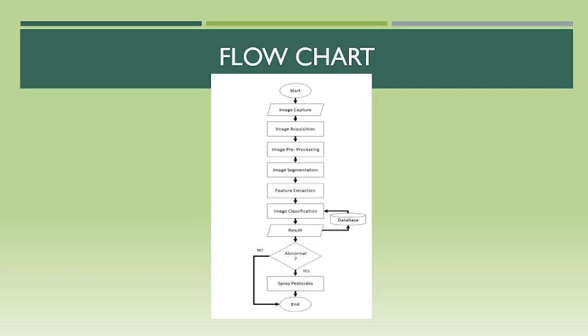Image classification will use the feature extraction information to classify the type of the disease, and we have the disease name as a result. The classification also connects to the database for future analysis.